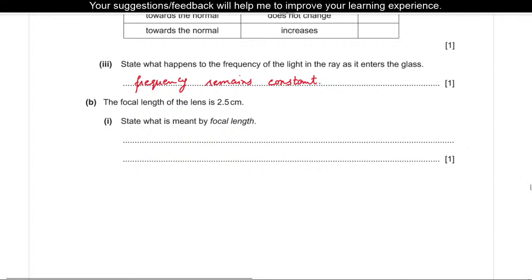Okay, the focal length of the lens is 2.5 centimeter. State what is meant by focal length.